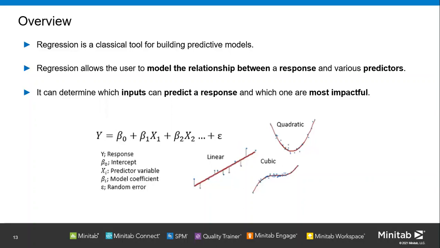So regression is a classical tool for building predictive analytics. Regression allows us to model the relationship between a response and various predictors. The response here can be called the output, or maybe the response can be Y. The predictor is something like your parameter.